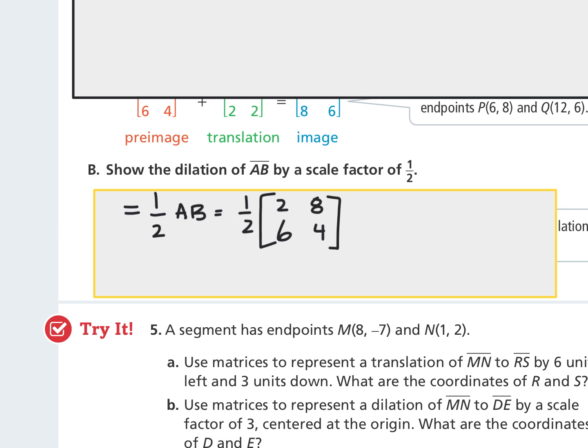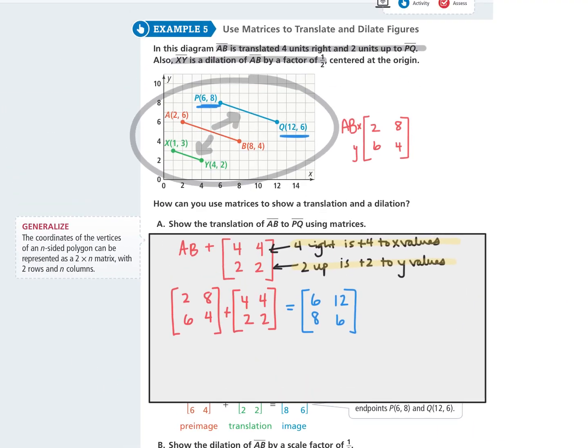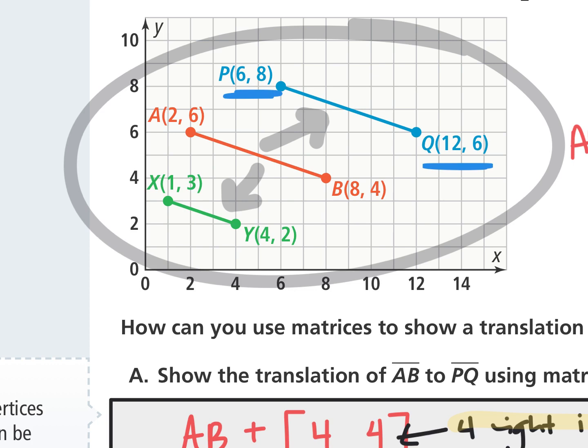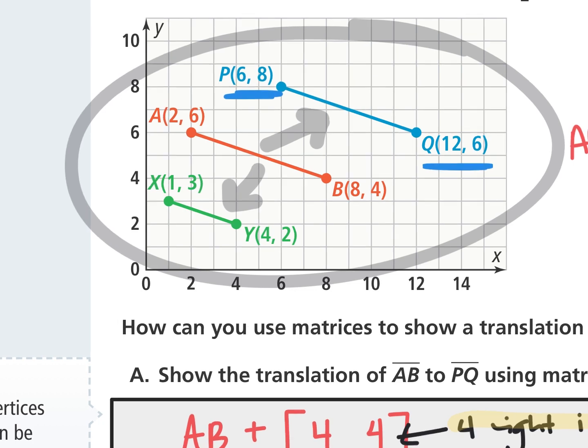And if I apply scalar multiplication, that's going to give me 1, 3, 4, 2. And if I go and check my original graph, I should see the points 1, 3, and 4, 2, which we do see. Those are the points of X and Y that we were given in the beginning. All right, so that's addition, subtraction, and scalar multiplication.